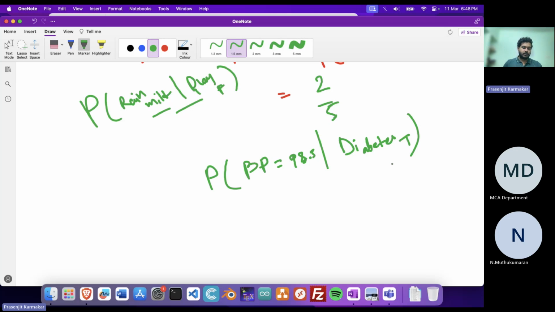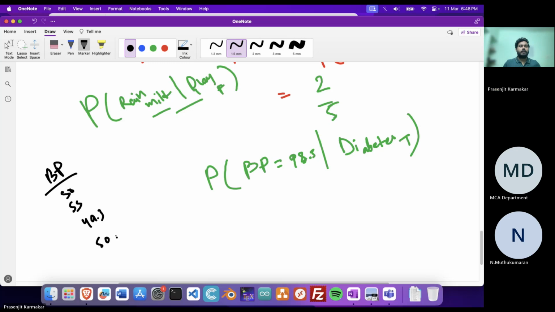We can just assume, or we can just model the distribution of BP to be a normal distribution. Let's just write down a data set first. Okay, so let's say my BP column is like this: 50, 55, 49.3, 50.7, 81, 82.3, like this.